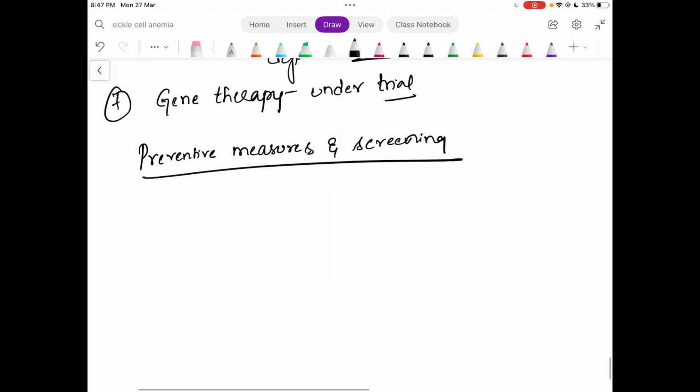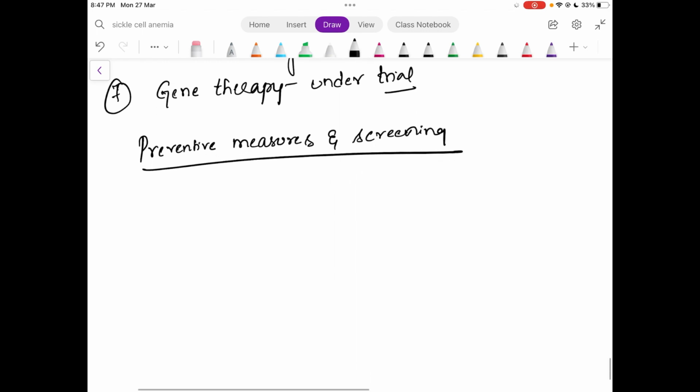What preventive measures you have to see, and what screening you have to do?